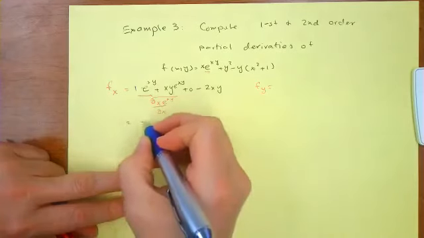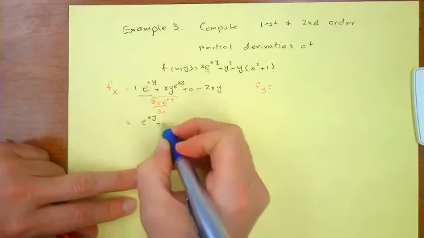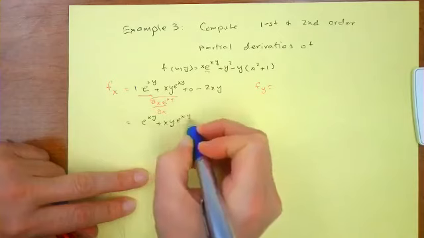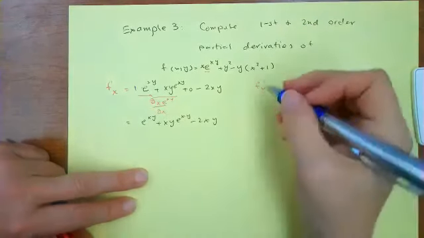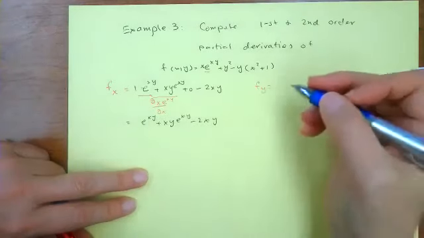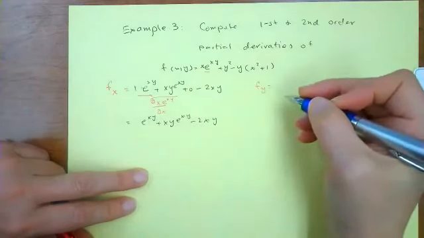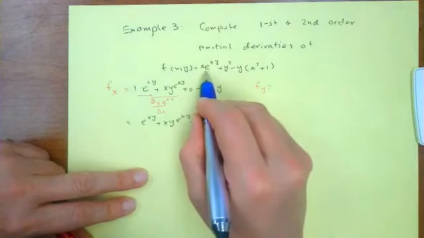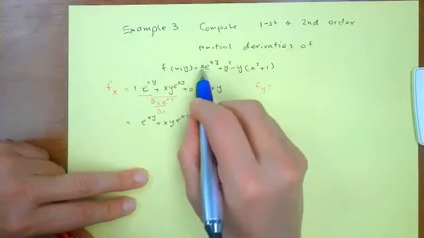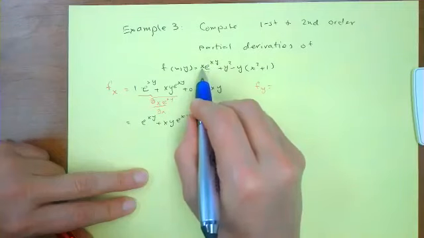Let's clean it a tiny bit and get rid of the extra stuff. Now, how do I do f sub y, or partial of f with respect to y? Here again, I have to take the partial of the first term, but remember, x in here becomes a constant coefficient.